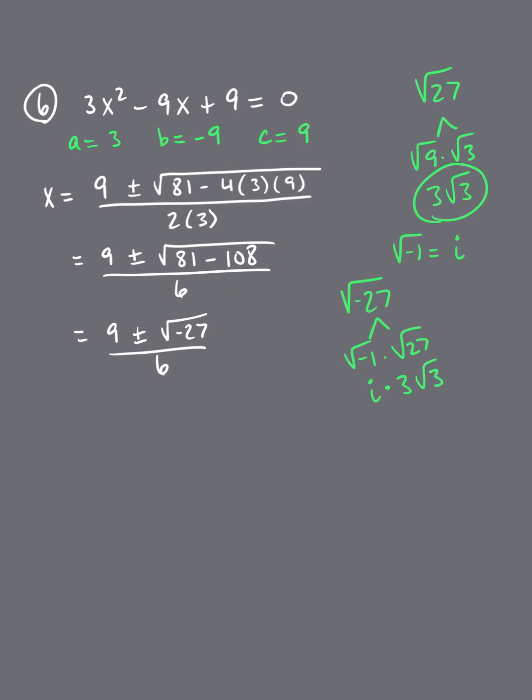Now, in standard form, the way we write it is we'll write the number outside the radical, and then we'll write our I, and then we'll write our radical. It's just a sure way to show what's underneath the radical and what's not. So you can write this in a different order because they're all just multiplied together, so the order really doesn't matter.